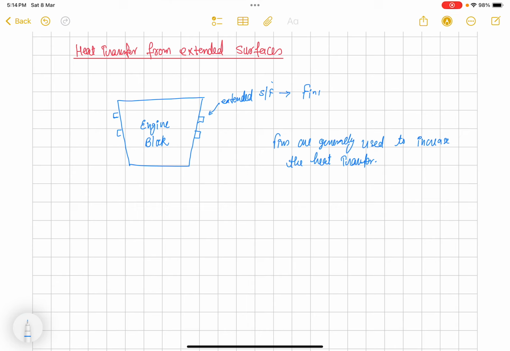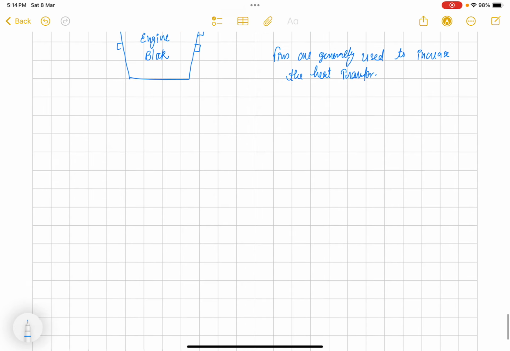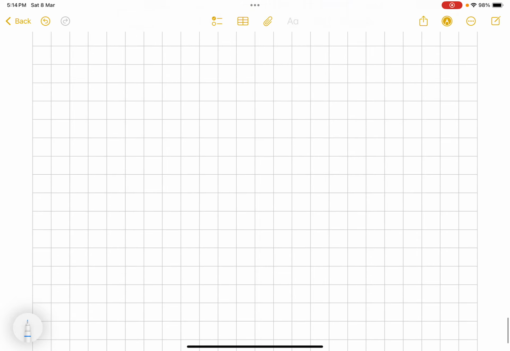Before going into how fins increase the heat transfer, first we have to see how we can increase the heat transfer from any surface. So consider a plain wall. Consider a situation like this.